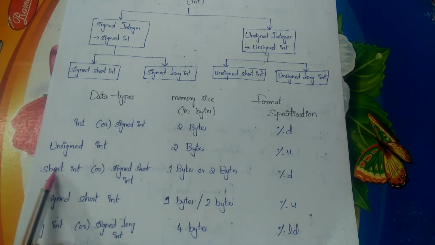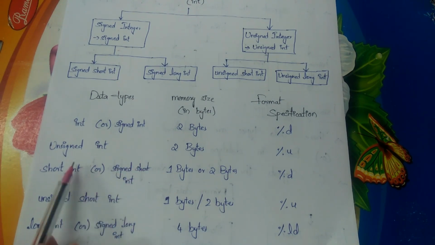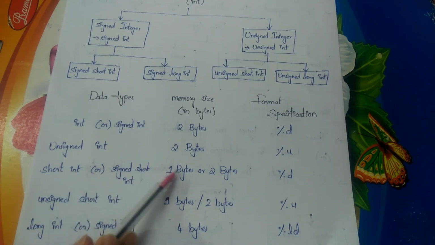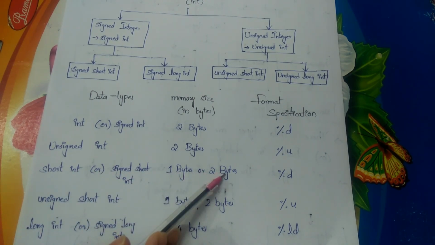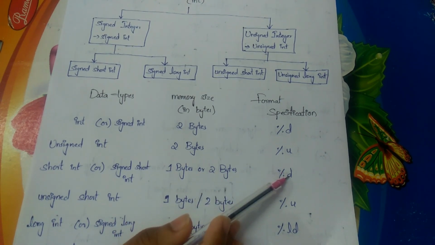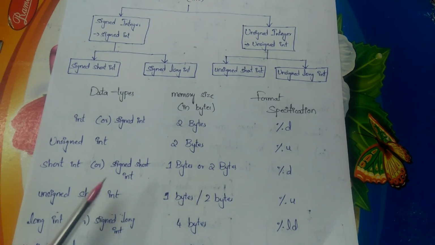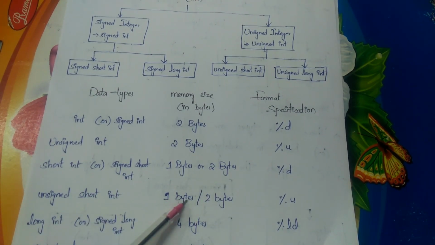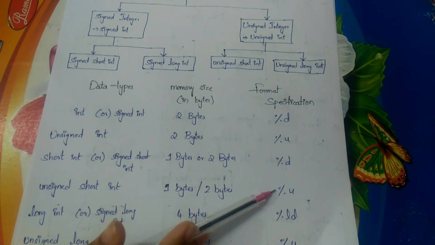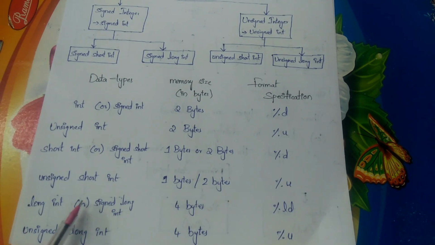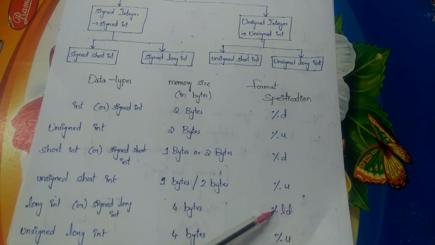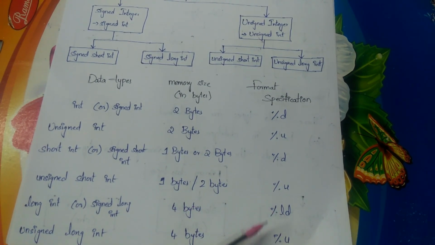Next, short int or signed short int, both are the same. It occupies 1 byte or 2 bytes, depending on the compiler you are using. The format specification is %d. Unsigned short int takes either 1 byte or 2 bytes, and the format specification is %u. Next, long int or signed long int occupies 4 bytes, and the format specification is %ld.